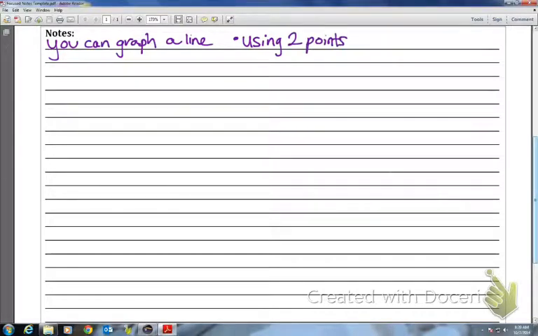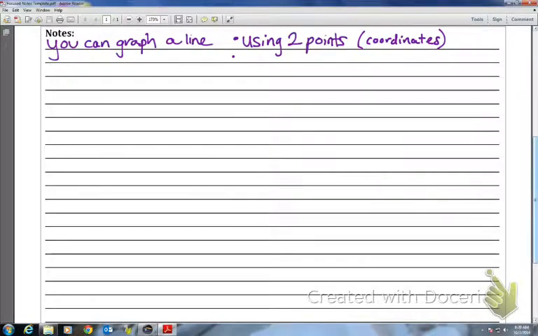If you're just given 2 points, you can plot those 2 points, or in other words, coordinates, and then you can connect the 2 points using a straight line, and that's one way to graph a line. More often than not, this is not going to be the way that we do it, but if you are ever given 2 coordinates, this is one way to do it.